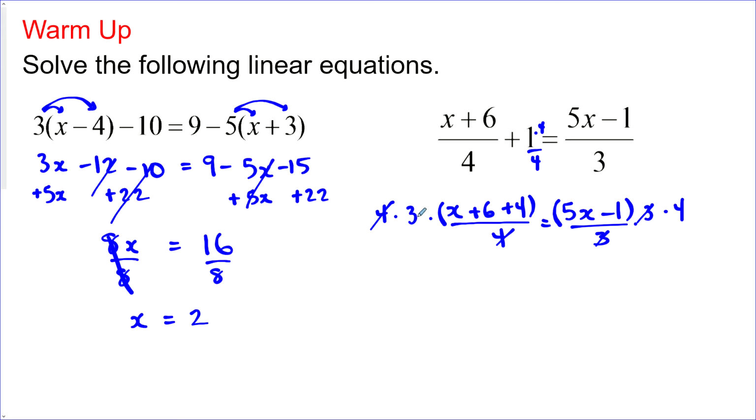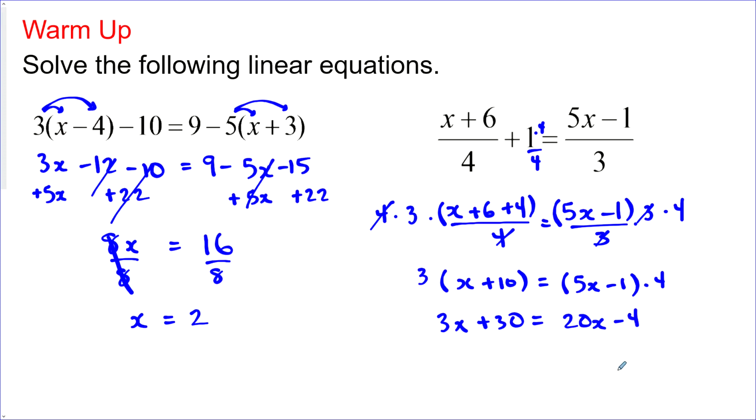Then I'm going to collect up like terms here. So 3 times x plus 10 on this side. And on this side I'm already good. Next, distribute in these numbers. So 3x plus 30 is equal to 20x minus 4.